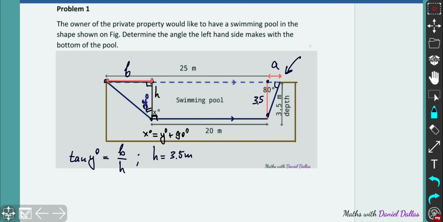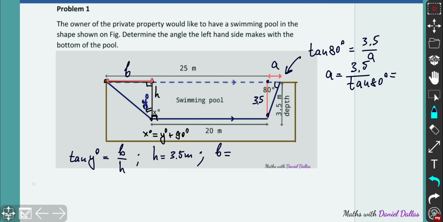Let's set up tangent of 80 degrees. By definition, it is opposite 3.5 over adjacent, which is a. Simply swapping a and tangent 80, we get a equals 3.5 over tangent 80. If you want, you can calculate. Finally, we need to find b, because that's for tangent y.